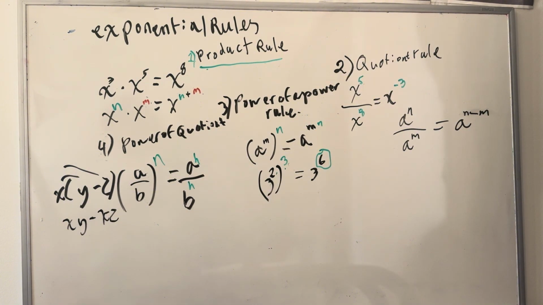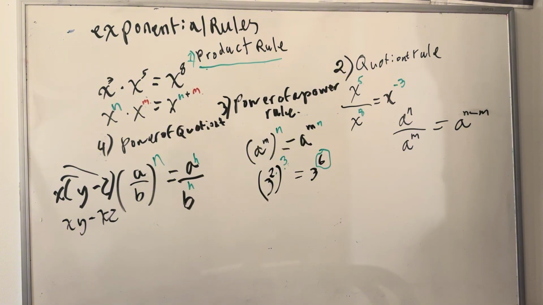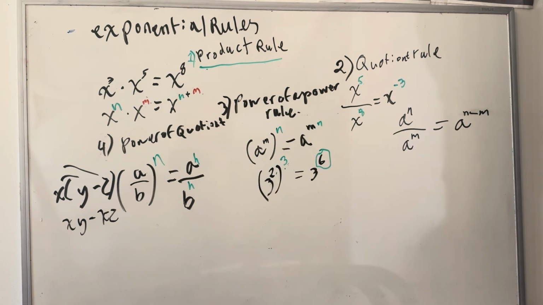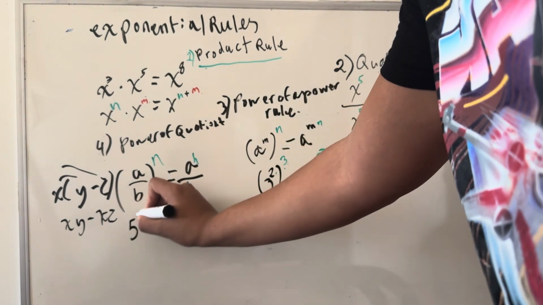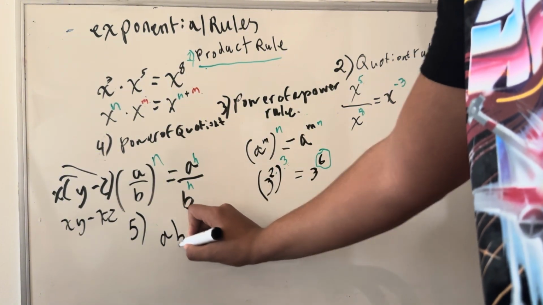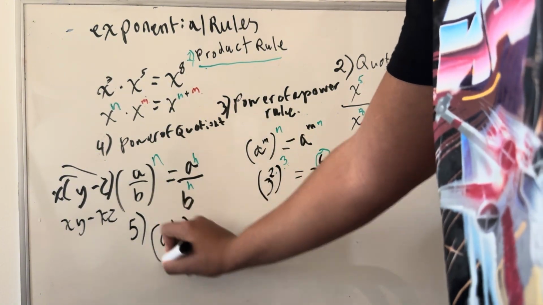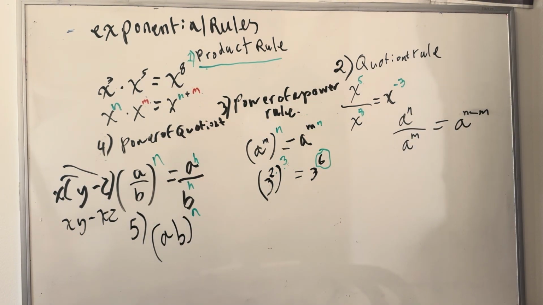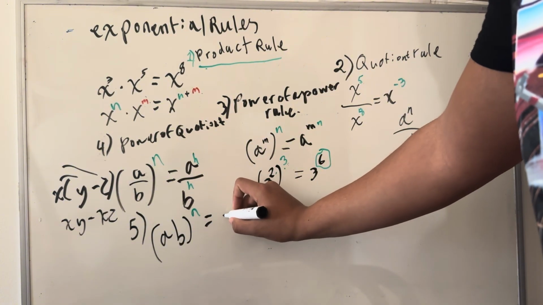Next, we have the power of a product rule. You might be noticing by now the similarity. Quotient has to do with division and product has to do with multiplication. I'll write this one under the power of a quotient rule, as number 5. This basically just states if you have ab all to the power of n, you're able to, again, spread the exponent.